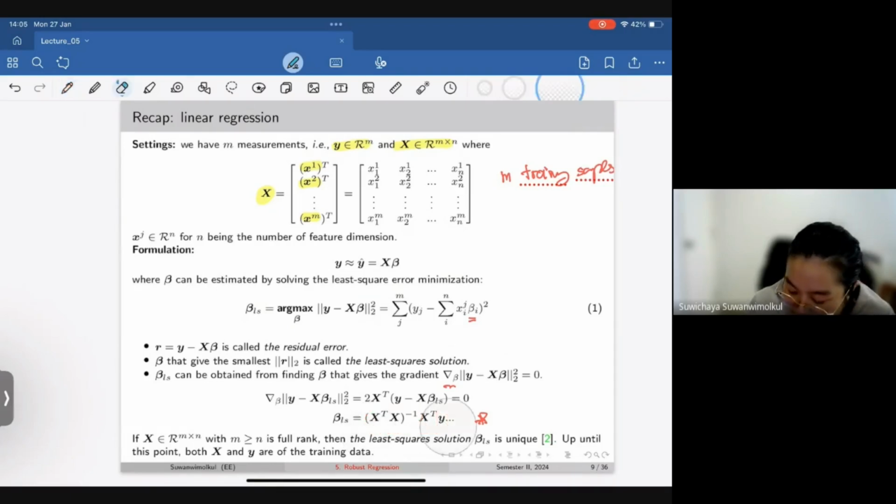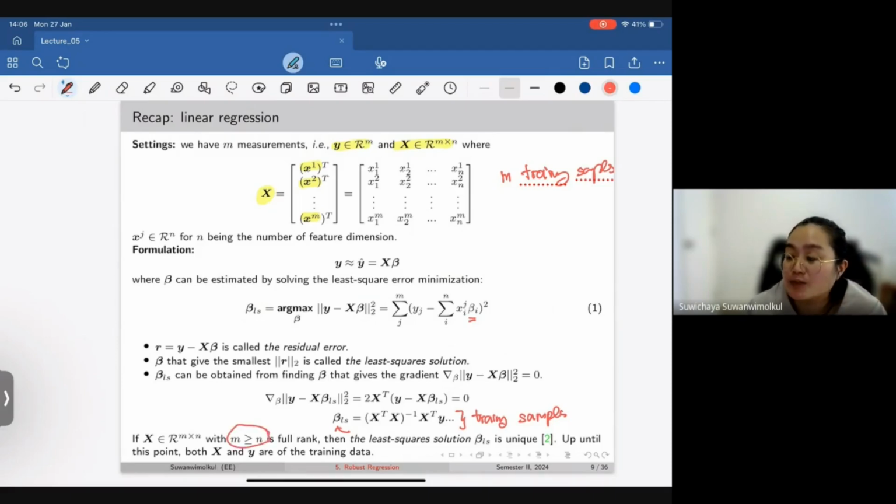Please note that this entire data that we use to compute beta ls here are all training samples. Probably last week we talked about what the size of x, the number of measurements, should be to guarantee that we can solve for beta and get consistent results. That is another thing, but I won't talk about it here. In this presentation, we will assume that whatever x we have is full rank, and we can uniquely find a linear solution.